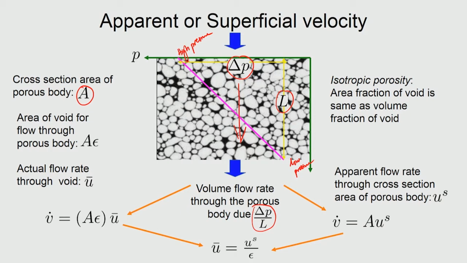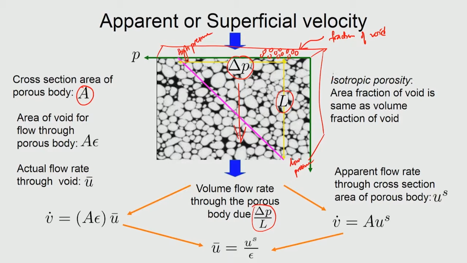When you look at the cross section, you could see that it is also made of voids and solids. So you could also look at the fraction of void in the surface there, and if that is assumed to be the same as the fraction of void in the entire body, then we are calling this particular porosity isotropic porosity.